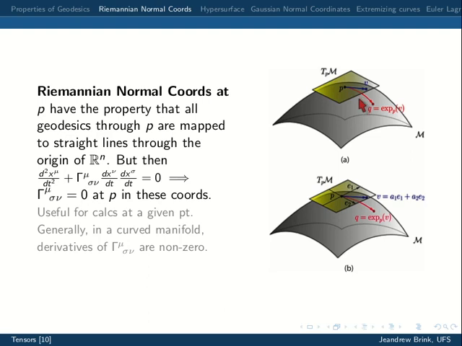So we basically choose vectors that form a basis for the tangent space, and then for any point around here, we choose the vector that points in a direction and map it along the geodesic that has that vector as its tangent to a new point.